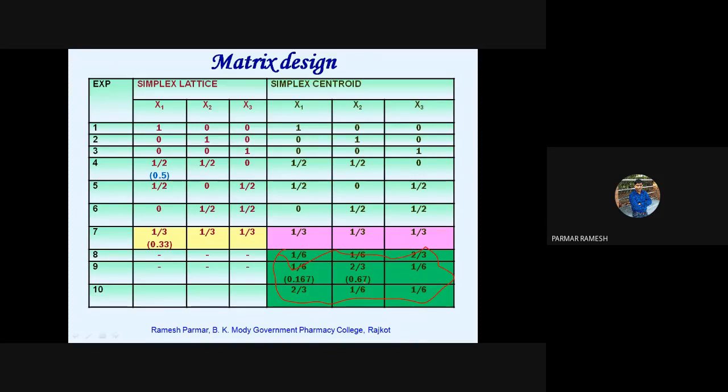If we are performing 9 experiments, maximum we can get 8 coefficients with confidence. More than that we cannot get. So if we are trying to calculate more coefficients, we cannot get the confidence. What is confidence? I will explain when we analyze the design in Microsoft Excel. So in simplex centroid, we can get the idea about the polynomials as well.